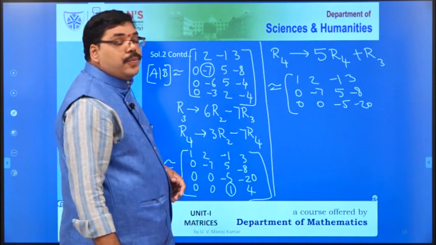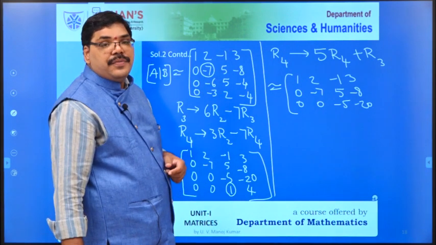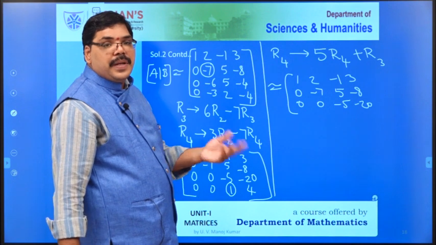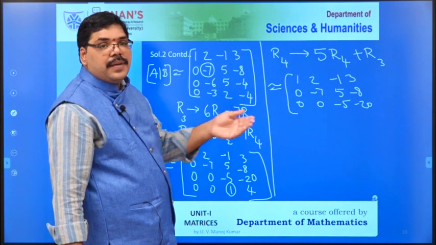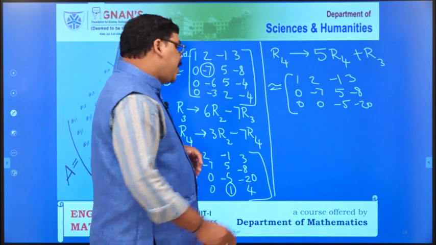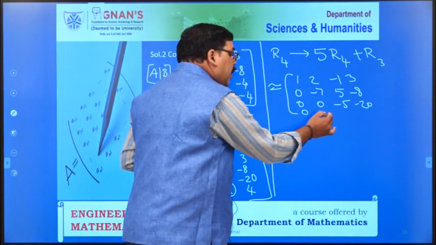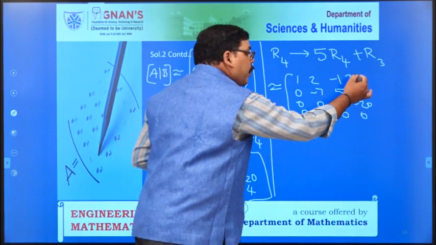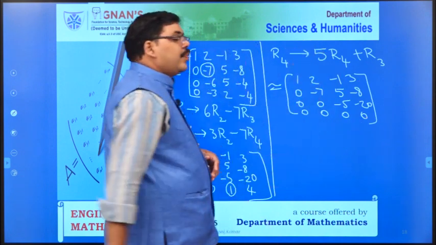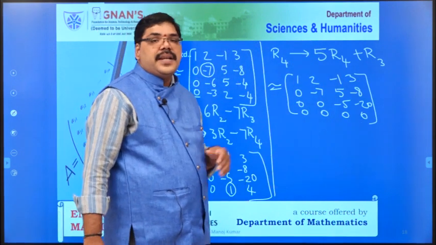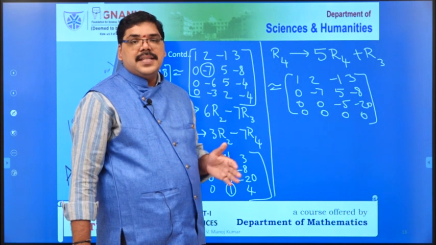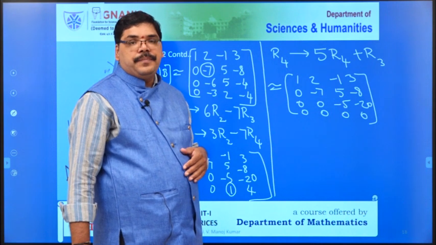The fourth row changes now. You are multiplying the fourth row with 5, so 1 becomes 5, 4 becomes 20. And when you are adding R3, you will get zeros. So, all the elements of the fourth row are becoming 0. Now the resultant matrix is in echelon form and this is what we require.